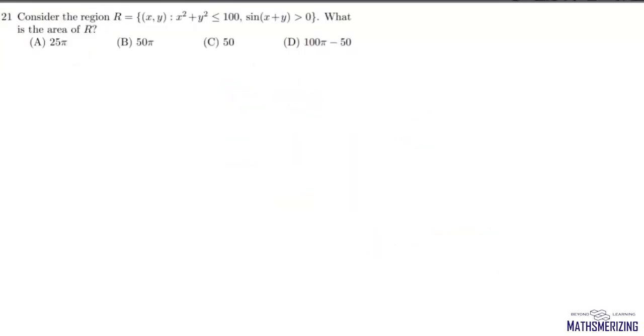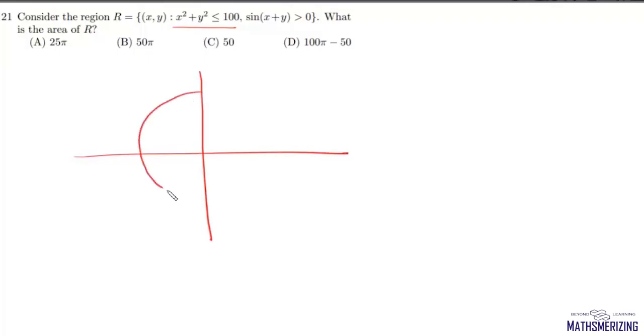Now question number 21 is, consider the region R where x square plus y square is less than or equal to 100. So it represents a circle whose center is at origin and radius is 10 units. So this is 10, center at 0 and this is also 10. And then we have this condition that sin of x plus y is greater than 0.